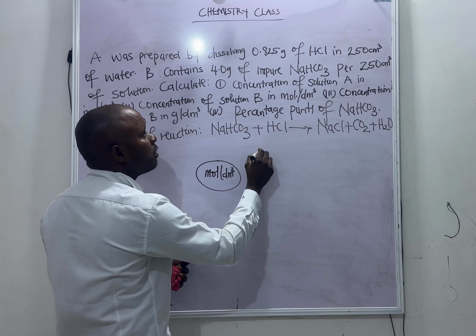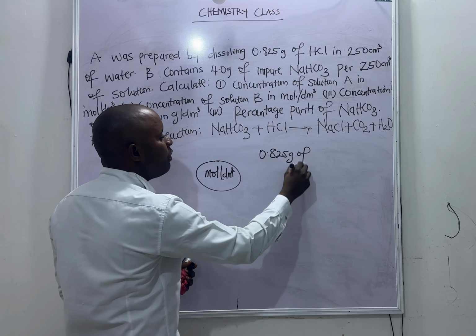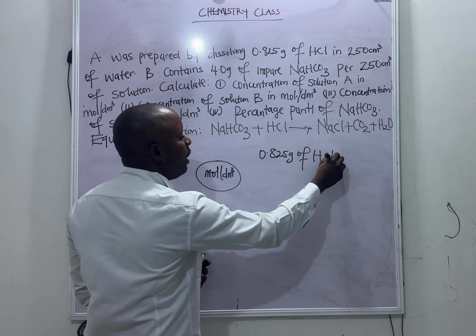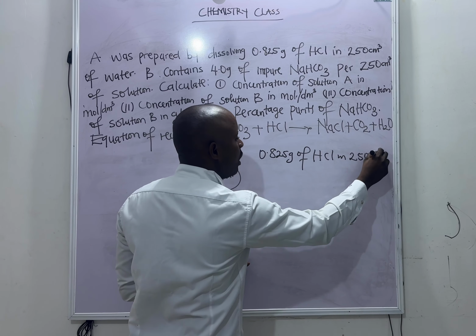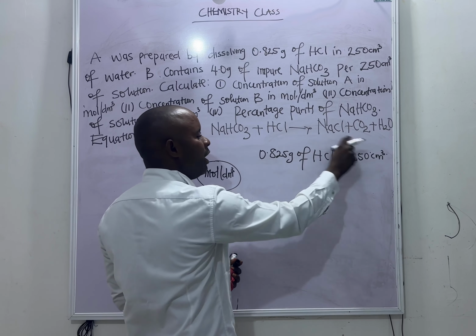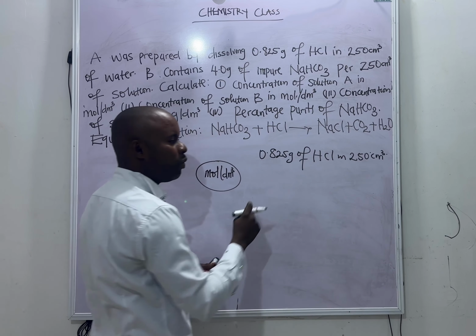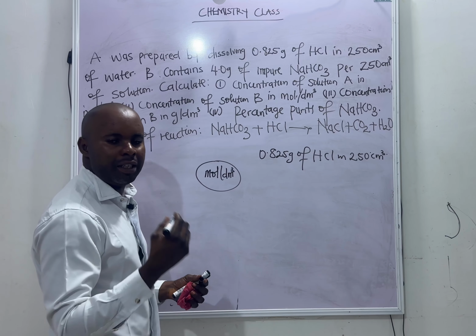It says 0.825 gram of HCl in 250 cm cube. And as I've said, for us to know the mass concentration of this solution, we must compare to 1000 centimeter cube, which is in dm cube.